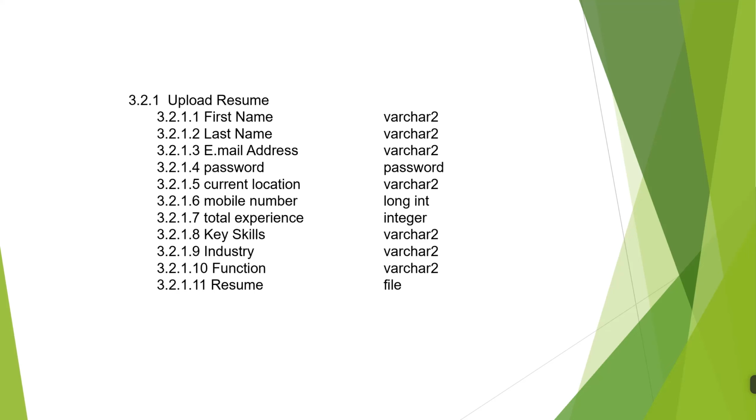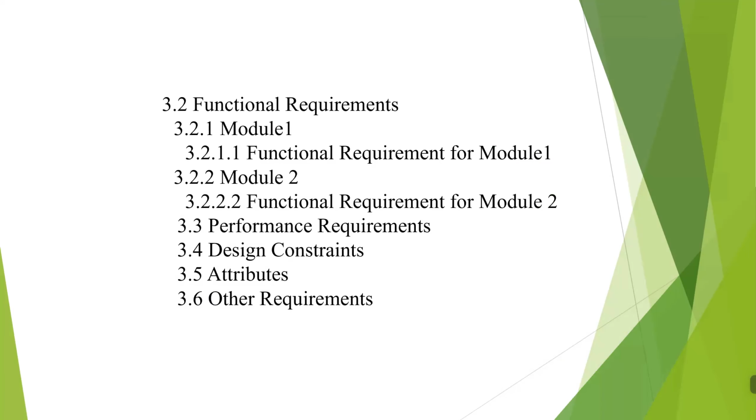Like this, module 2, module 3, module 4, module 5. You may have 10, 20, 25 modules, any number of modules, so you have to consider all those modules together. So this is what is required in the SRS. This is very important in SRS.